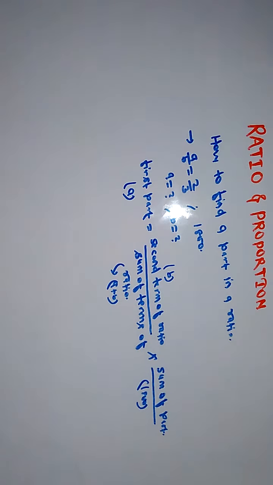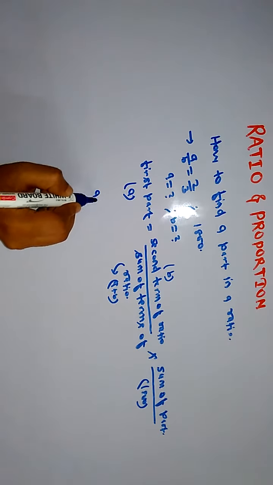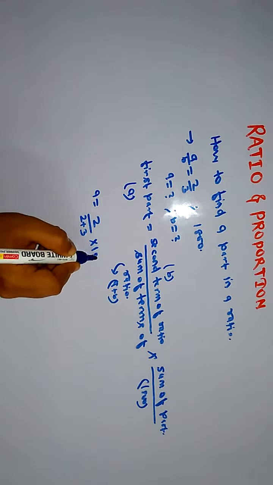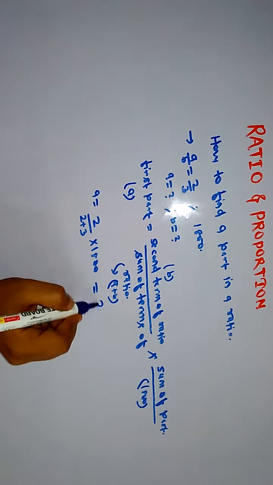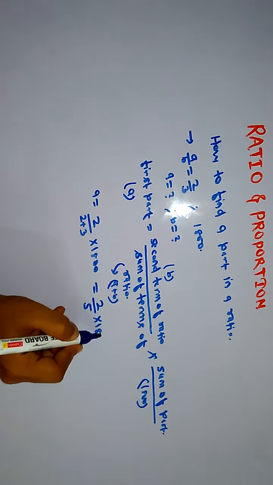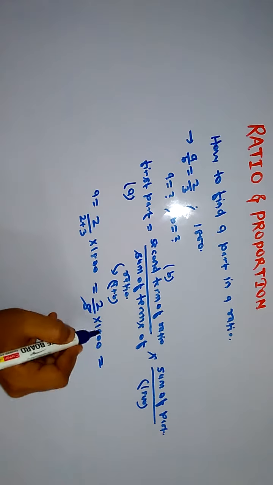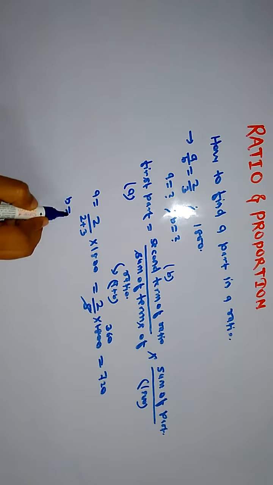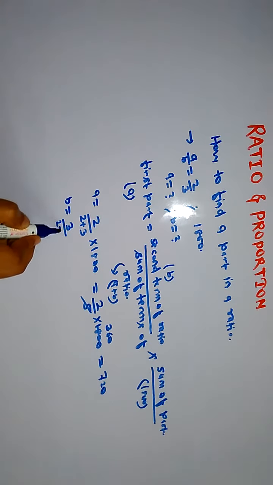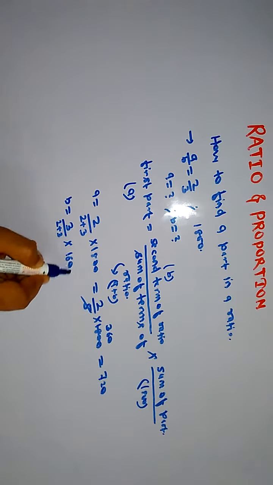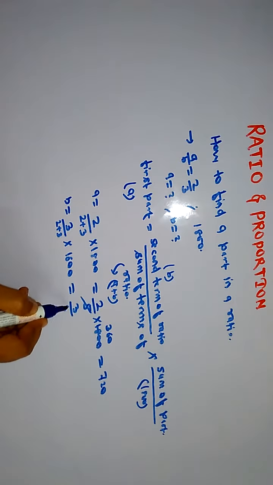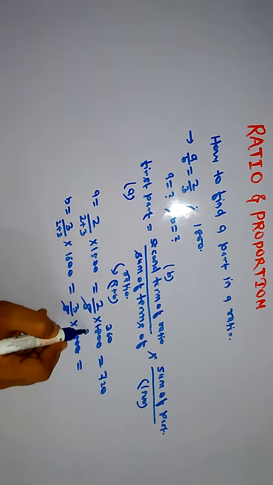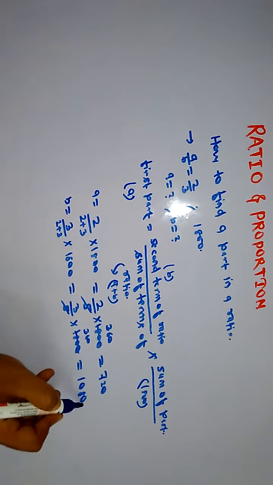To calculate the value of A, we calculate 2 upon 2 plus 3 into 1800. This will be 2 upon 5 into 1800, which is 720. Similarly, B is 3 upon 2 plus 3 into 1800, which is 3 upon 5 into 1800. You already know 1800 by 5 is 360, so this is 1080.